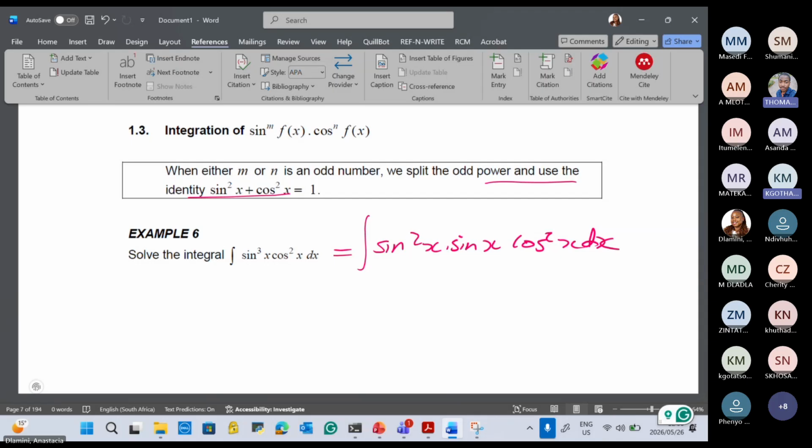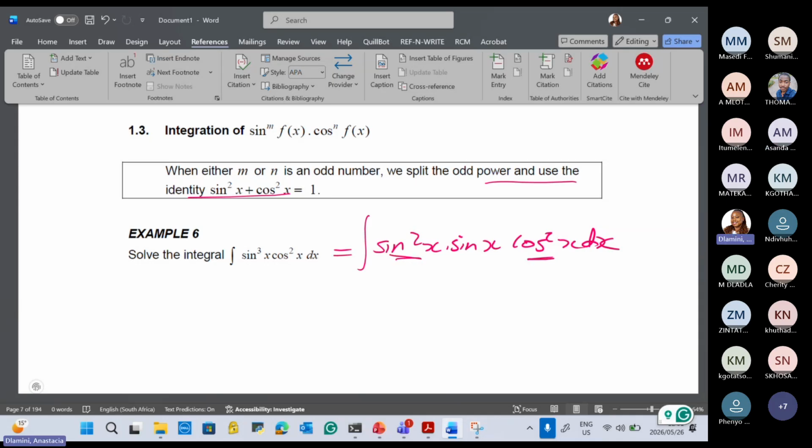When either m or n is an odd number, we split the odd power and use the identity. The whole expression there means we'll replace it with sine squared plus cos squared x equals 1, where it's applicable. It's applicable here and it's applicable here.